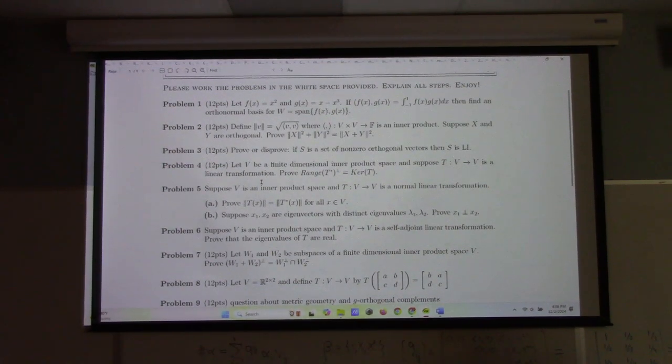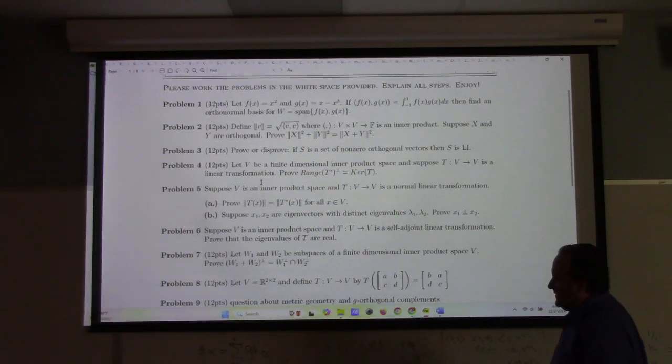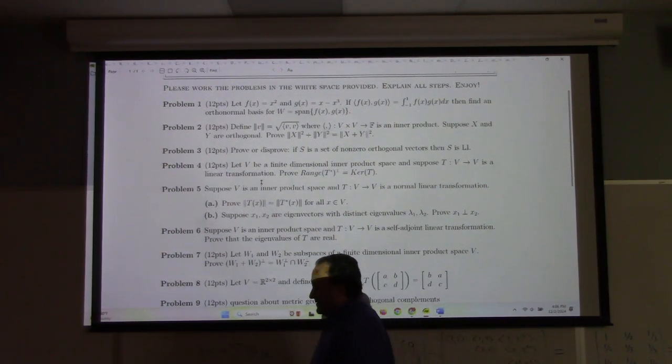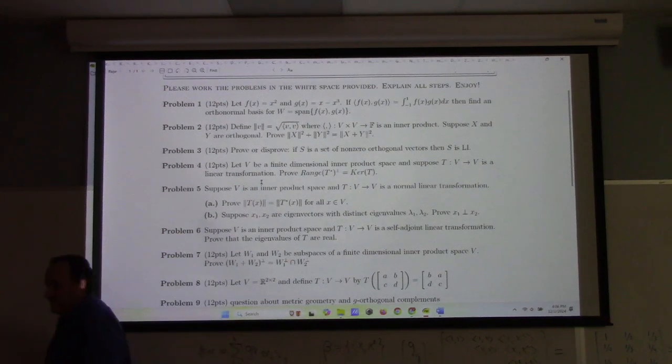If you have a self-adjoint linear transformation, the eigenvalues are real. Every one of these problems here, these are nice entry-level questions you should be able to really have a shot at solving. There's nothing in here as sophisticated as, say, prove the adjoint exists, right?